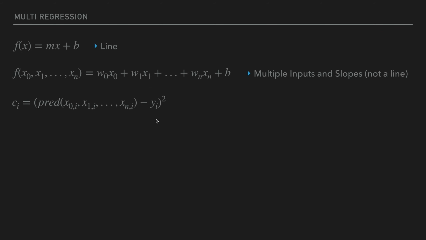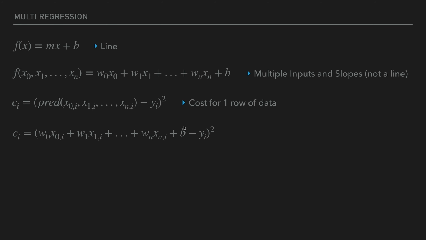So the cost is defined as the same thing that we did before. It's just the prediction of our model minus the actual value, squared. This prediction is just this whole thing right here, and the y is the actual value.